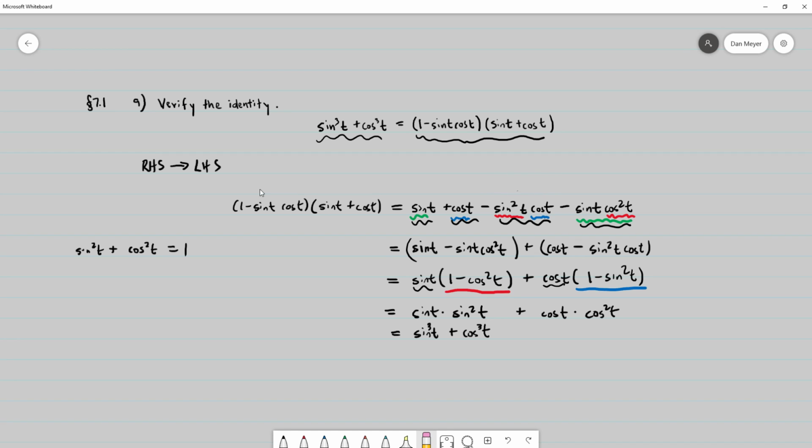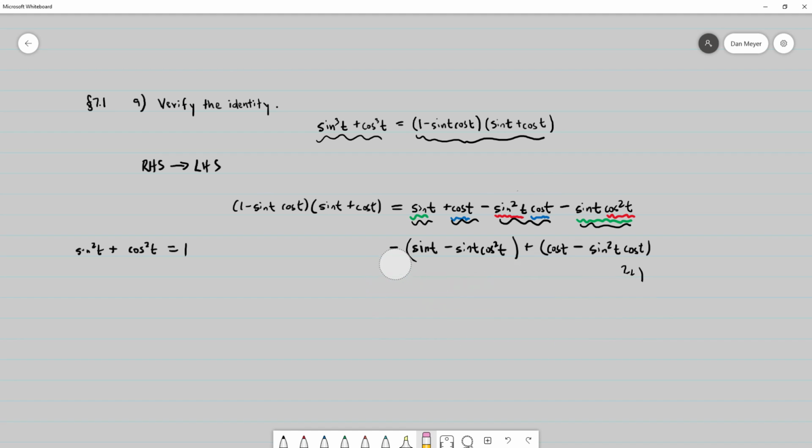All right, so here's my initial proof. Let's get rid of all this stuff and see, maybe if we weren't clever enough to see how we might be able to group these things together, let's just convert the sine squared and cosine squared where they are.